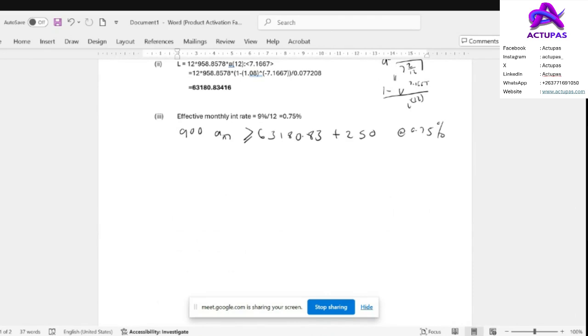In an exam, you would write this as 900 by an, we don't have the n, is greater or equal to 63,180.83 plus 250. And this would be 900.